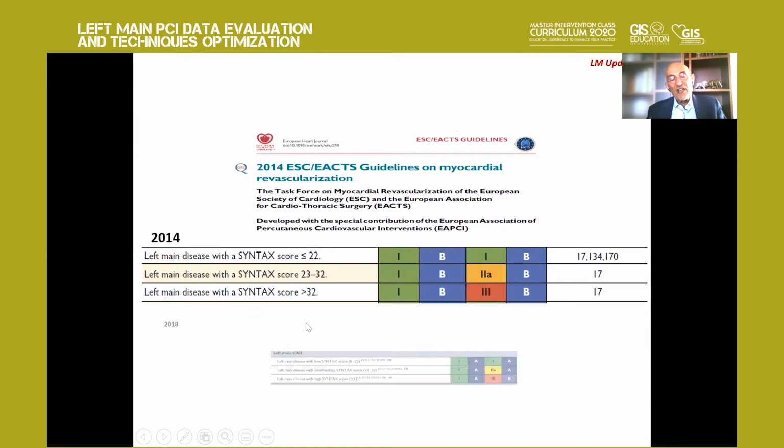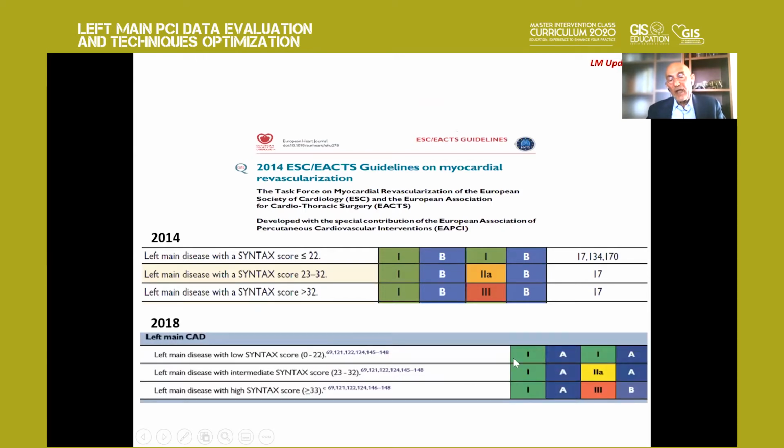So what has changed in the guidelines today is that we still have the same class for surgery and angioplasty for left main, distal left main. Now the evidence is A for both.